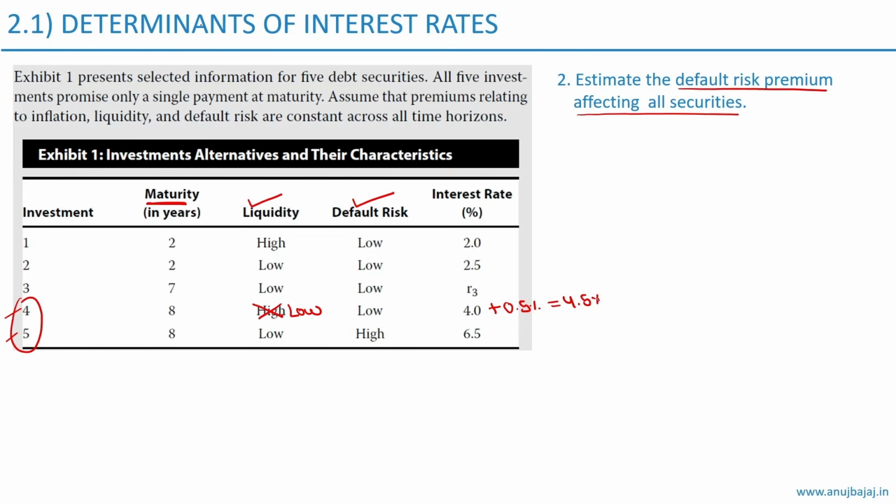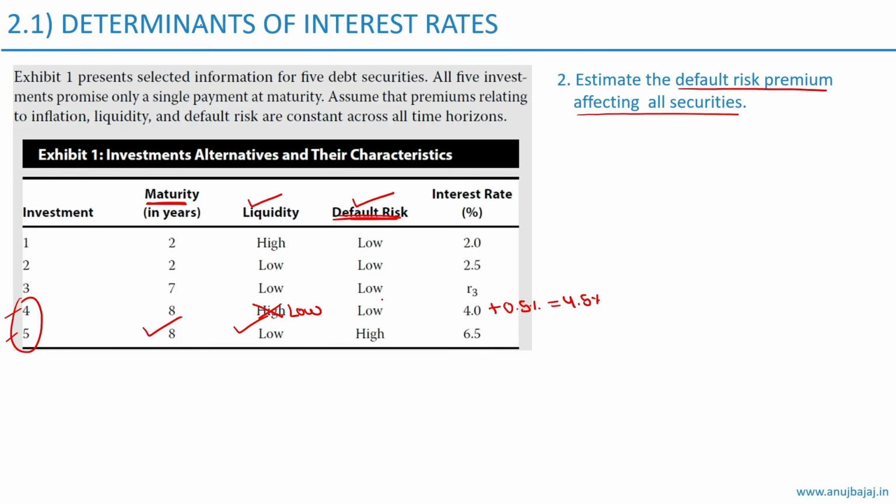Now investment 4 and 5 have the same maturity. They have the same liquidity profile. The only thing which is different is the default risk. Investment 5 has high default risk, and to compensate for this high default risk, the interest rate should also be high.